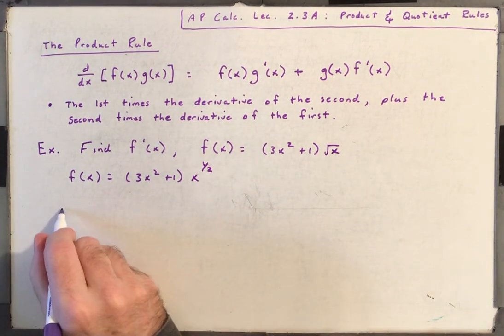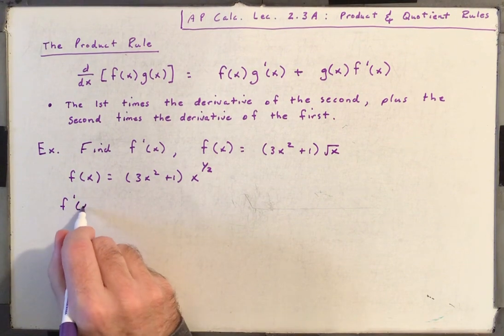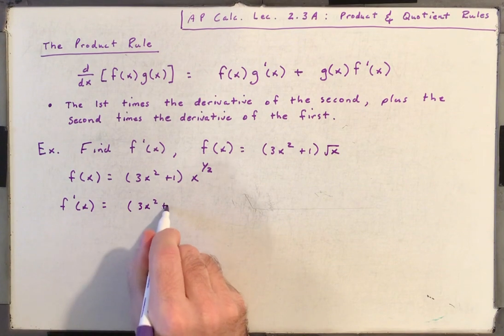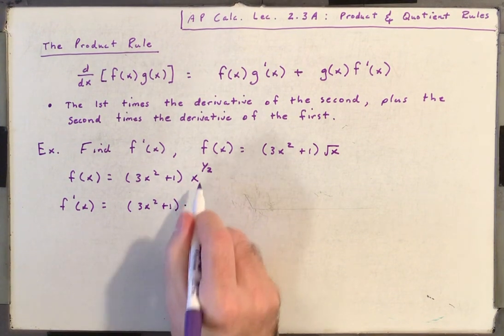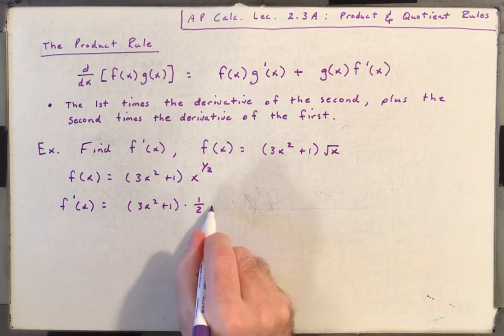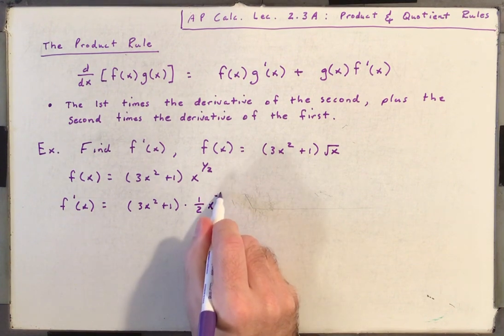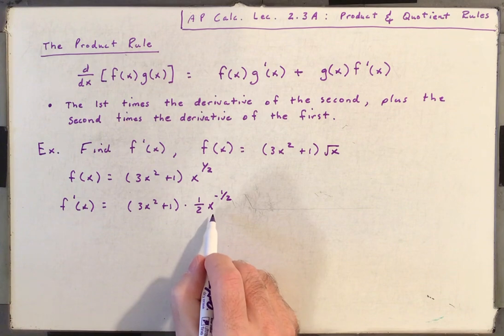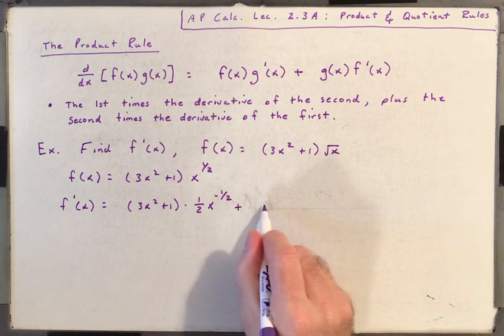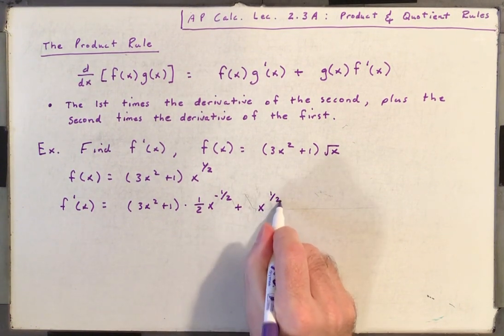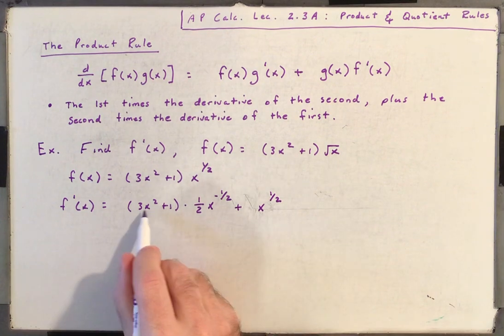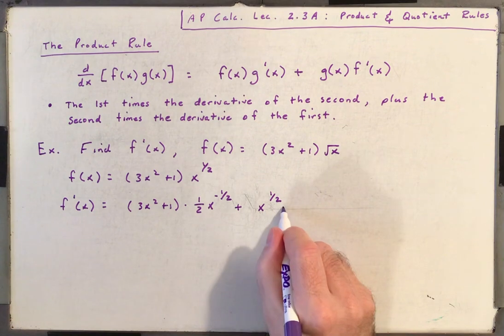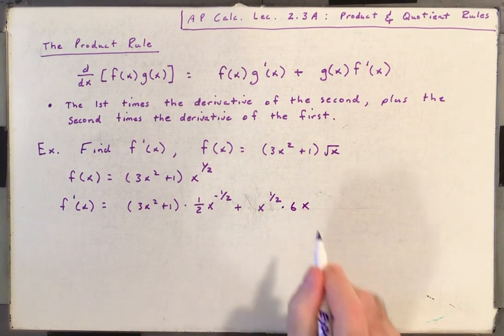All right, now let's go through the product rule. The first, 3x squared plus 1, times the derivative of the second, that's 1/2 times x to the minus 1/2. So first times the derivative of the second plus the second, x to the 1/2, times the derivative of the first. Well, what's the derivative of the first? It would be 6x. So times 6x.